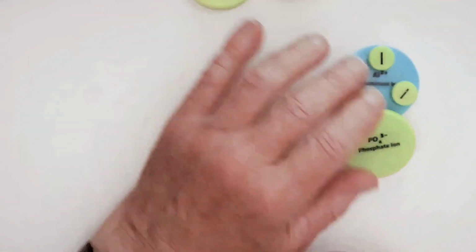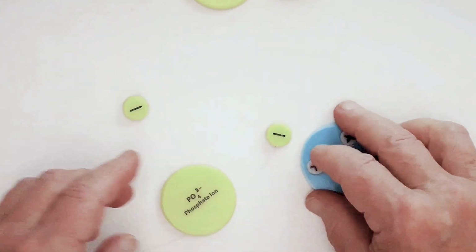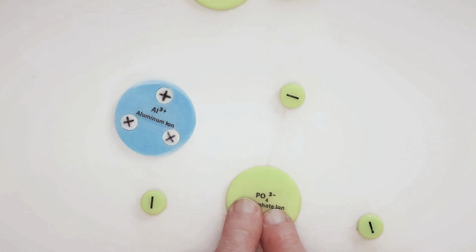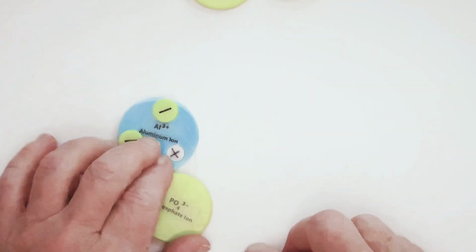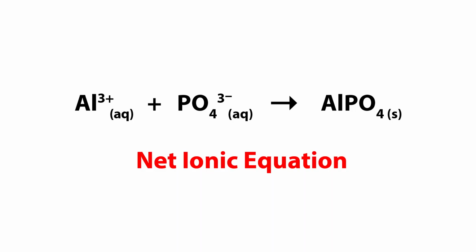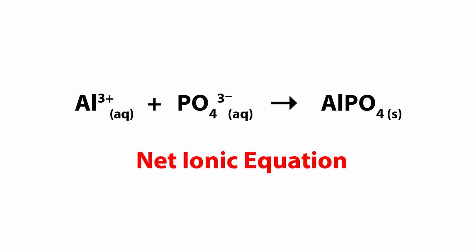So if we take this apart again, we start with an aluminum and a phosphate, and when they go together, we've got aluminum phosphate, and it comes out of the solution. So we start with this, we end with this, and that's your net ionic equation.